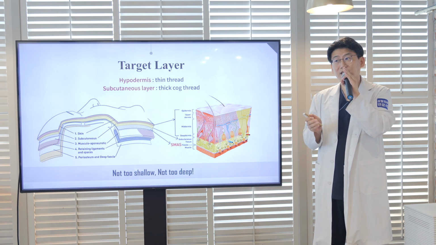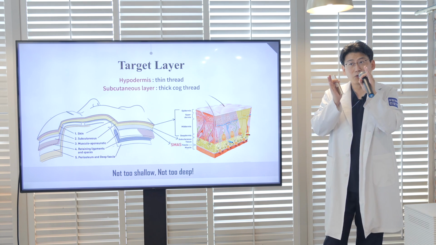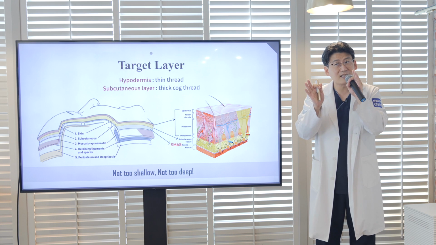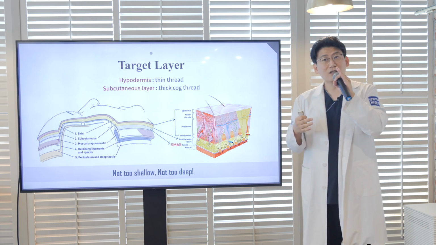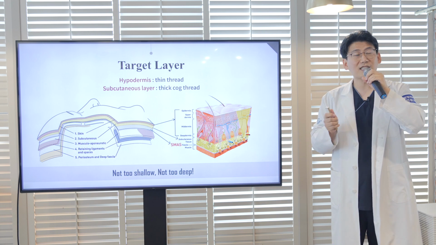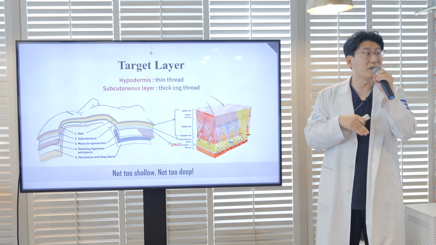The subcutaneous layer. If you are a beginner, you do better to stay at the subcutaneous layer. Once you accumulate a lot of experience, and you know you can deal with the side effects, you can go deeper.